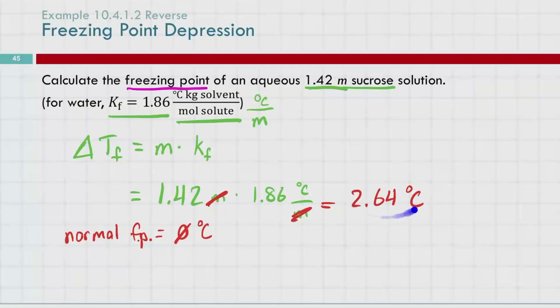If our new freezing point is 2.64 degrees Celsius and our old one was 0 degrees Celsius, then that means that our freezing point has gone up. So I've laid a trap for you. Again, this delta TF, this is our change in freezing temperature. So our freezing point is changing by 2.64 degrees Celsius from 0 degrees Celsius. So our new freezing point is 2.64 degrees Celsius lower.